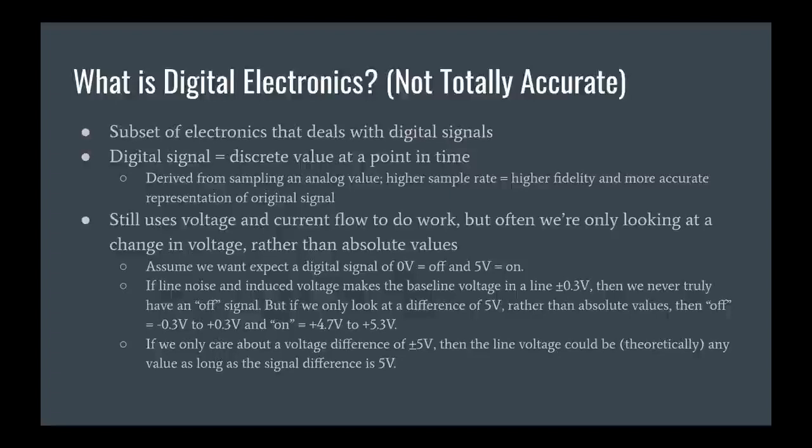But if you only care about the difference of 5 volts, then it doesn't matter what the true value is, as long as you are looking at a difference of 5 volts either way. That way, you could have a negative 0.3 volts to a positive 4.7 volts, and that's still an off to an on signal. It kind of balances out because you don't care about the absolute values, you just care about the change between the values. Again, not completely accurate, but good enough for what we want to talk about.